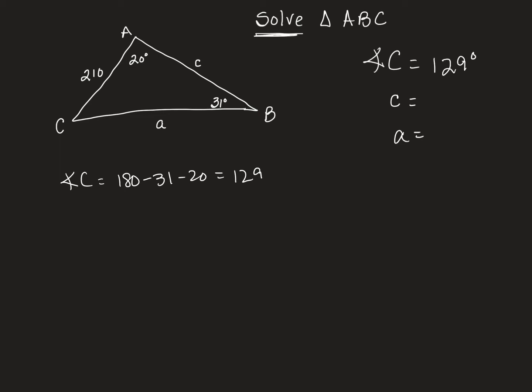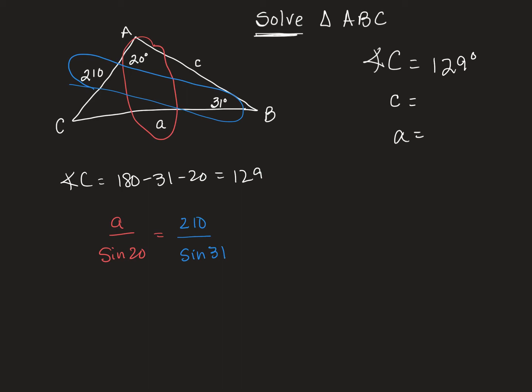All right, so now the next part is side A. Because I have this set, I know that is A over sine of 20 equals, and then look at B. I have a full set there. So it is 210 over sine of 31.